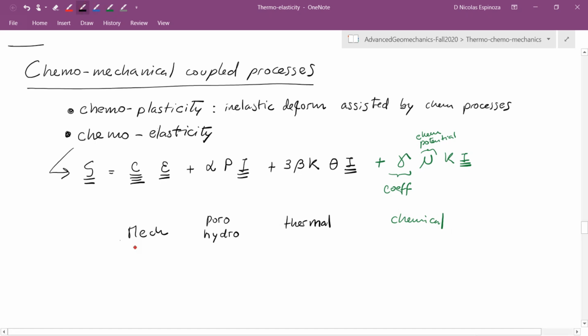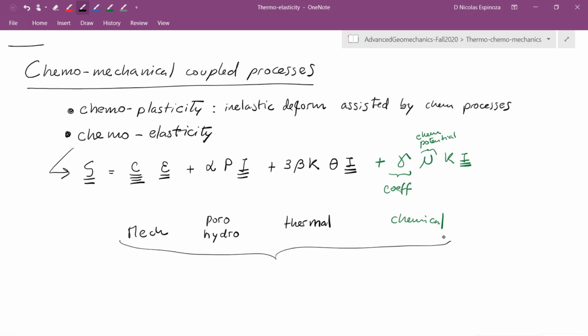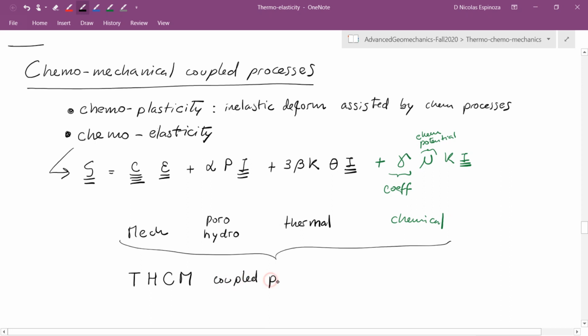Solving this problem altogether is not easy, but it can be done, and it's very important to many problems not only in geoscience but also in material science. In geoscience, these are called the thermo, hydro, chemo-mechanical coupled processes, or usually they just go by the acronym THCM.